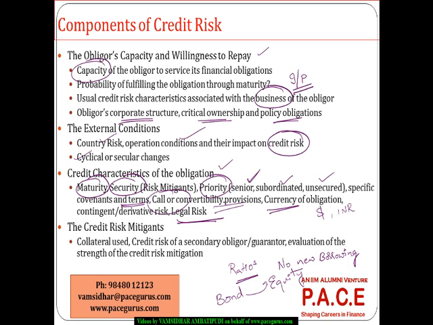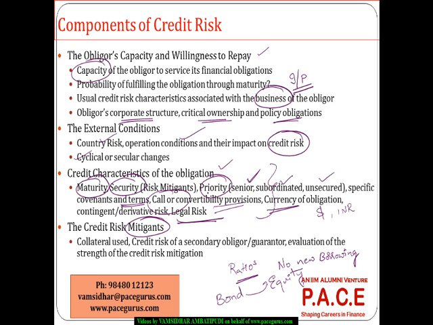So there are different credit characteristics that are associated with the obligation, which we have to really evaluate and interpret in depth. And similarly, we are talking about the fourth dimension, if there are any kind of credit risk mitigants. So something which can reduce the chance of default, or even if the default occurs, there is some kind of backup which can minimize the loss to the lender.